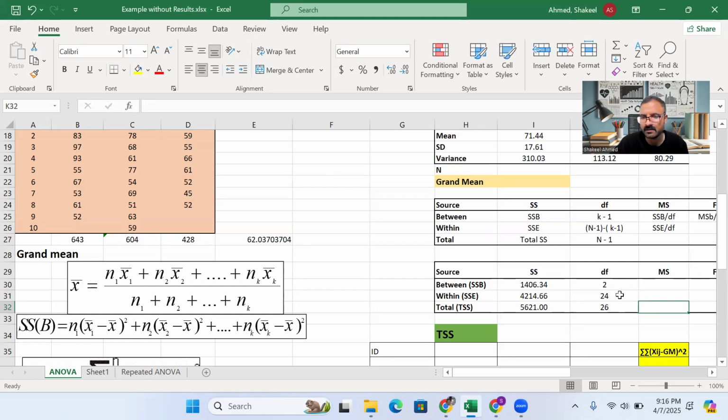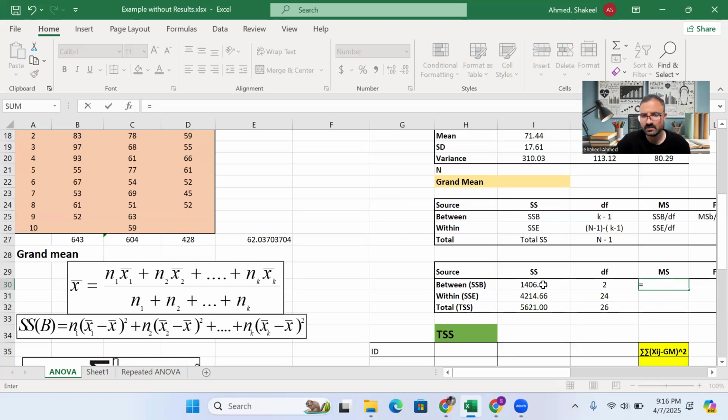And this is the degree of freedom for the total, that is 27 minus 1, and this is the degree of freedom for the between variation, and this is the degree of freedom for within variation. And we can find the mean squares. Just divide the sum of square by the degrees of freedom, and you will get the mean square for between groups.